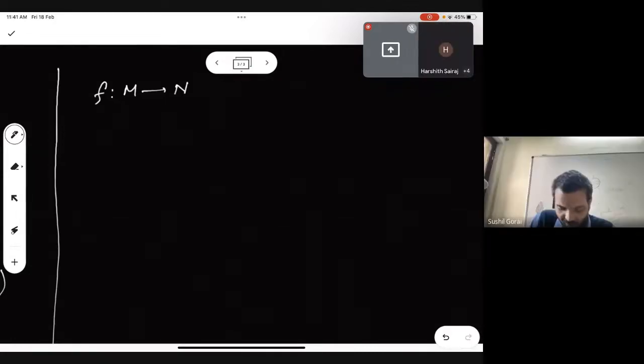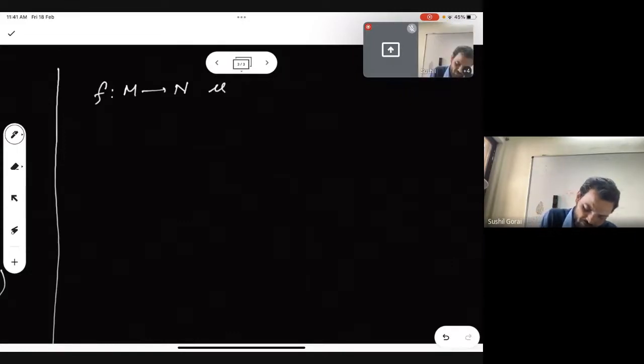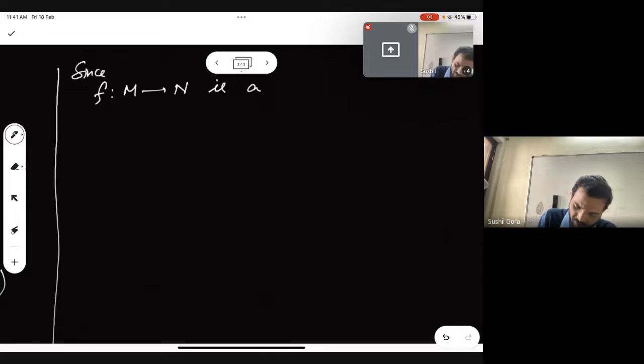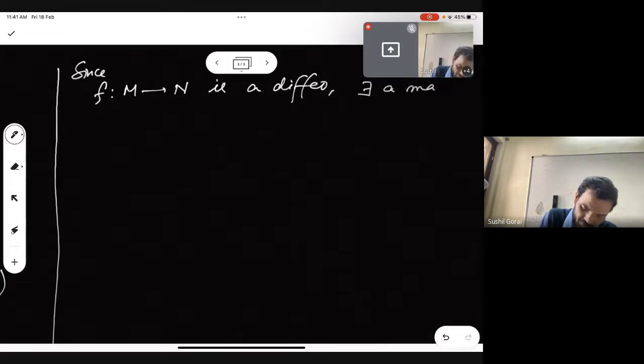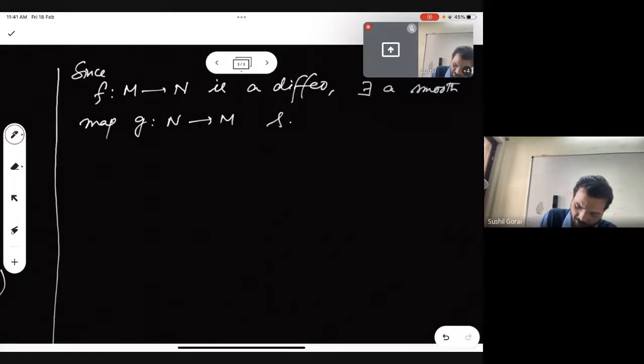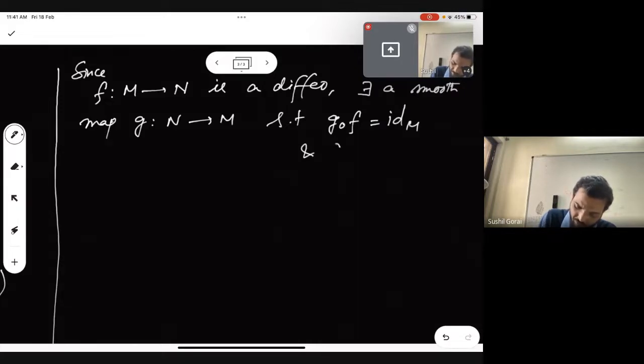A bijective map from M to N such that it is C infinity, and its inverse is also C infinity. Right. So since F is a diffeomorphism, there exists a smooth map G from N to M such that G compose F equals identity of M and F compose G is identity of N, right?